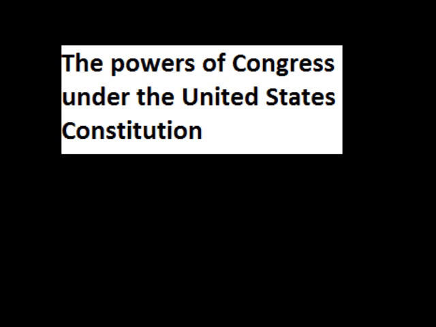Okay, so that's a general overview of the powers of Congress. So you can see the theory behind it was that Congress is going to be enacting laws in a very limited area of life. We're talking about interstate trade, not trade taking place only within a state.